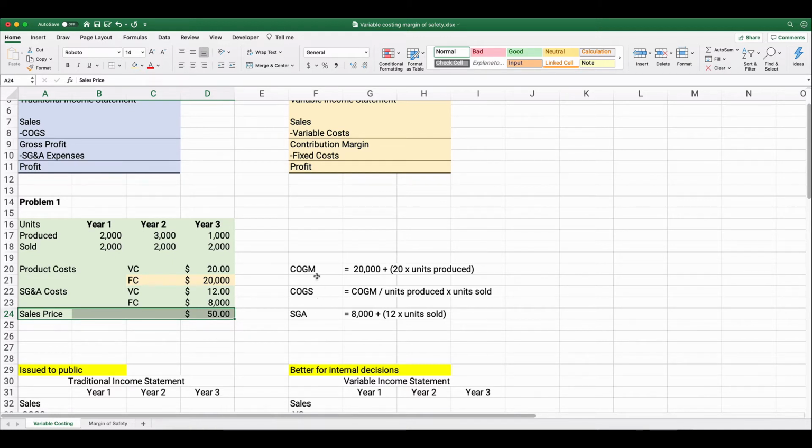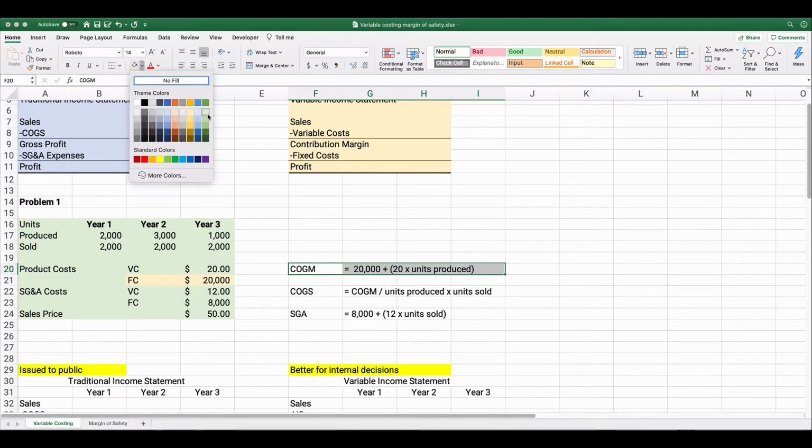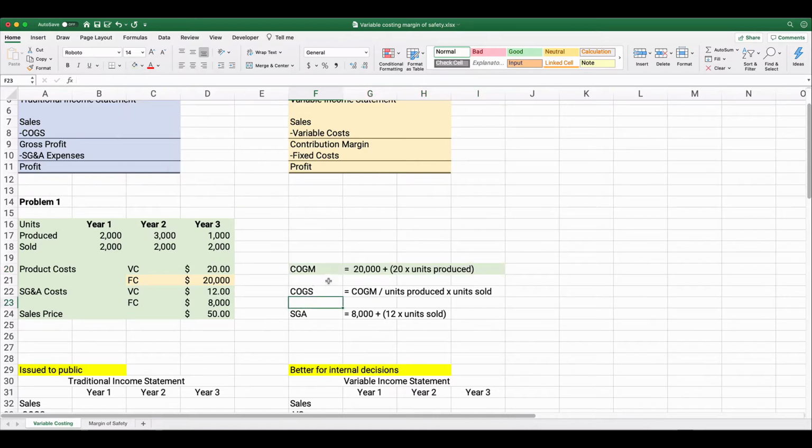All right. One of the things we need to calculate, and that's kind of difficult, is cost of goods sold. We need to calculate the cost of goods manufactured. This is not given, but we should be able to calculate it. The cost formula to make our products is 20,000, that's the fixed component, plus $20 times every unit produced. So that's our cost of goods manufactured.